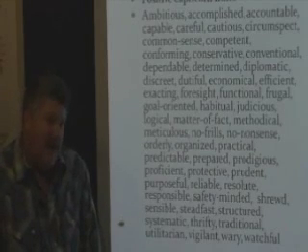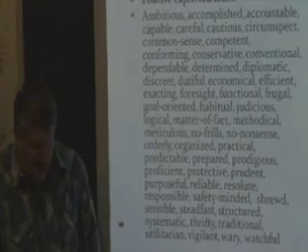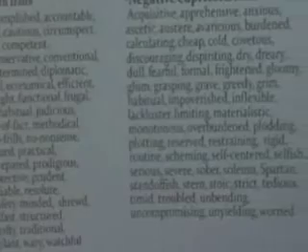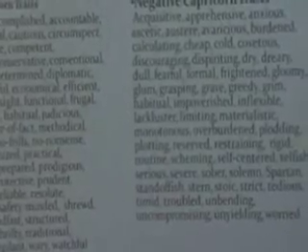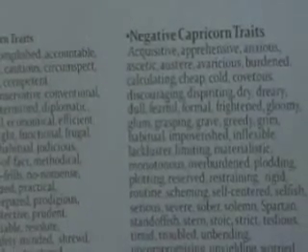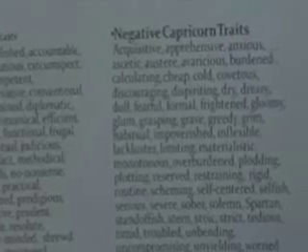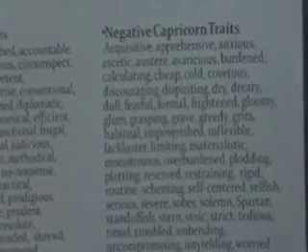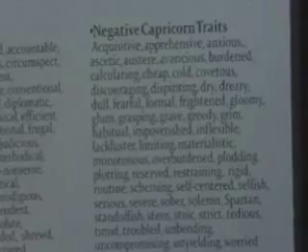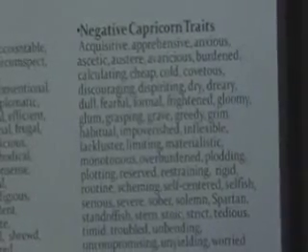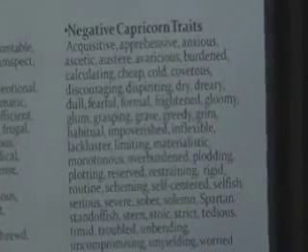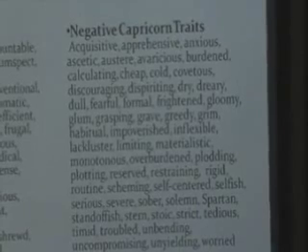Now on the offside, they can be acquisitive, apprehensive, anxious, ascetic, austere, avaricious, burdened, calculating, cheap, cold, covetous, discouraging, dispiriting, dry, dreary, dull, fearful. Nobody's yawning now.